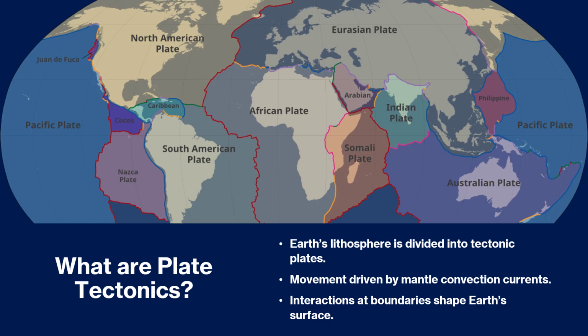Their movement is powered by convection currents in the Earth's mantle, which is driven by the heat from the core. The interaction of these plates at their boundaries is responsible for much of the Earth's geological activity that includes earthquakes, volcanic eruptions, and the formation of mountain ranges.